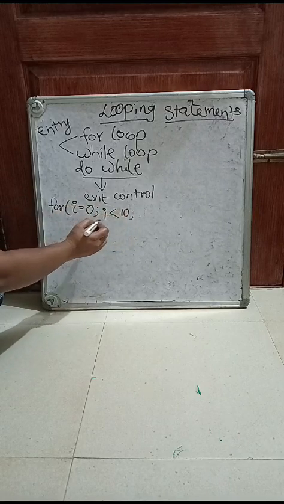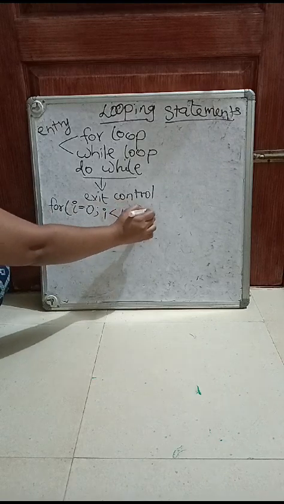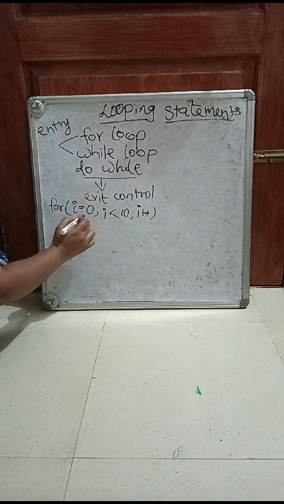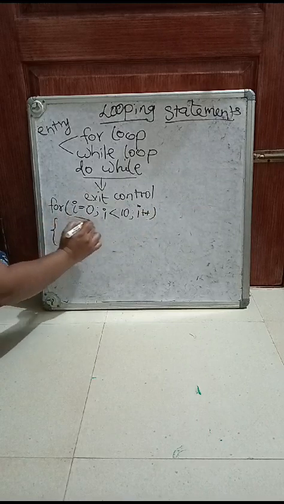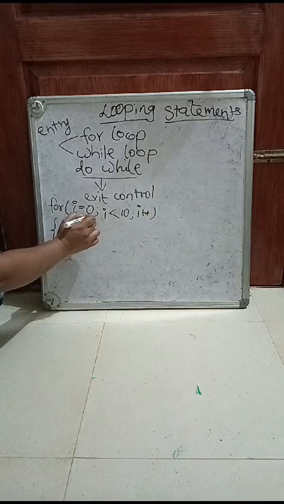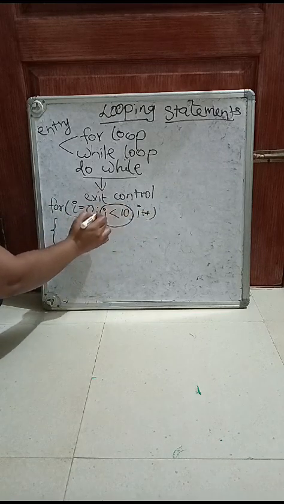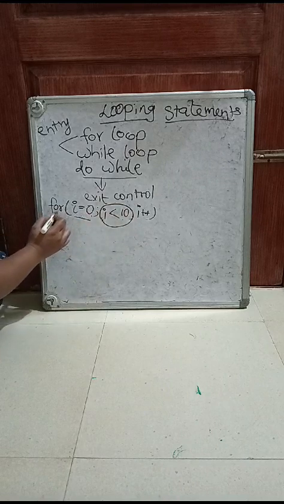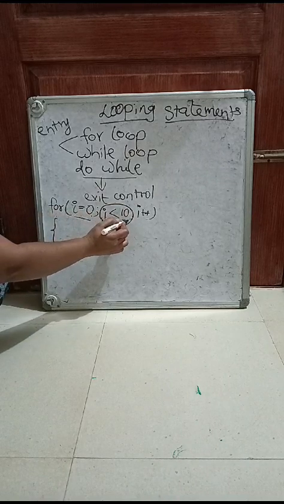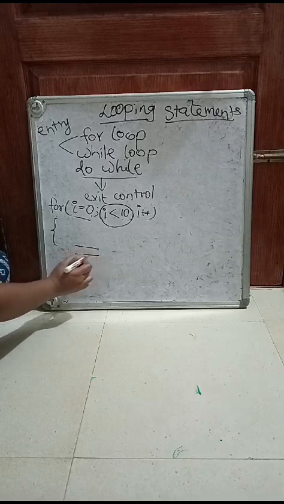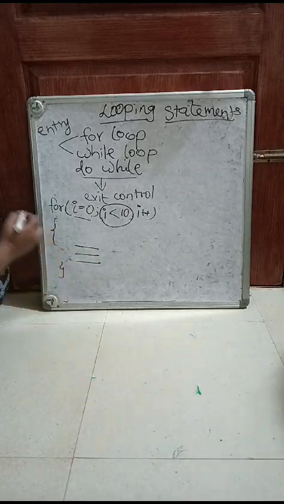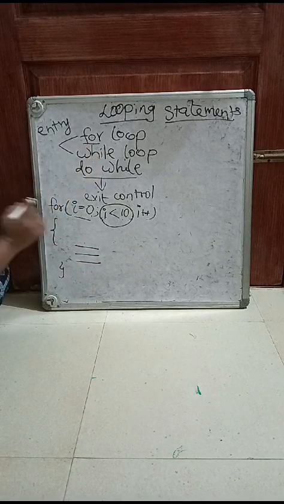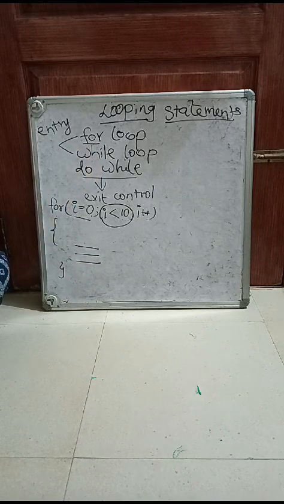After that, I increment the value of i with i plus plus. So in the starting itself, it initializes the value of i to 0. After that, it checks whether it is less than 10. If the value of i is less than 10, then it executes the statements. So that is why I call the for loop an entry control looping statement.